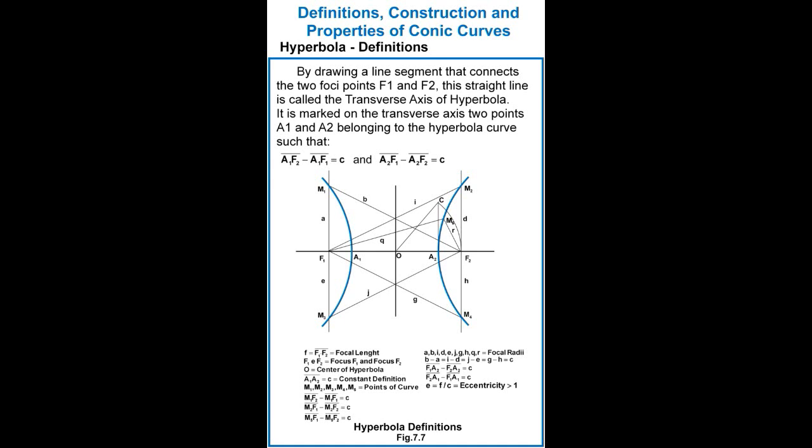If two points, A1 and A2, that belong to the hyperbola curve are marked on the transverse axis, the following is true: the dimension of the line segment A1F2 minus the dimension of the line segment A1F1 is equal to the constant of the definition of the hyperbola, and the same is true for the line segments A2F1 and A2F2. The points A1 and A2 are called the vertices of the hyperbola.